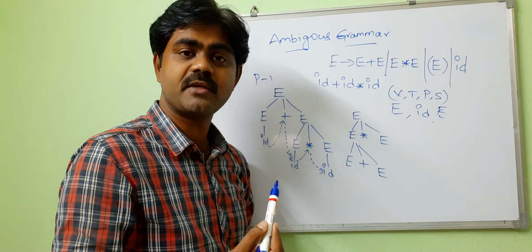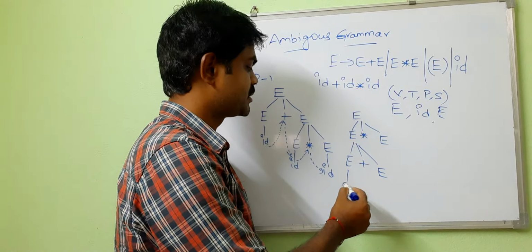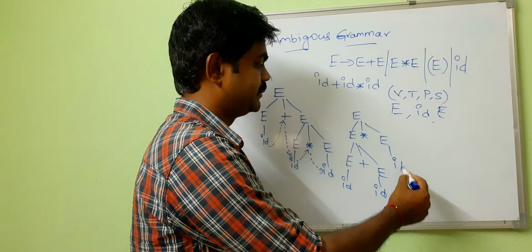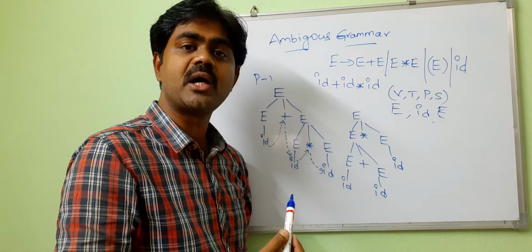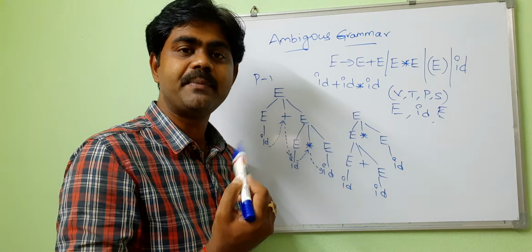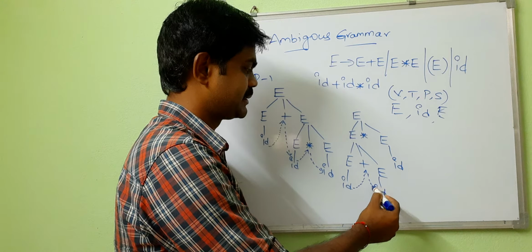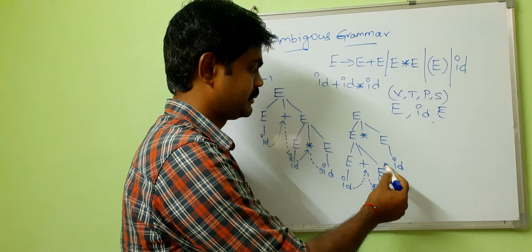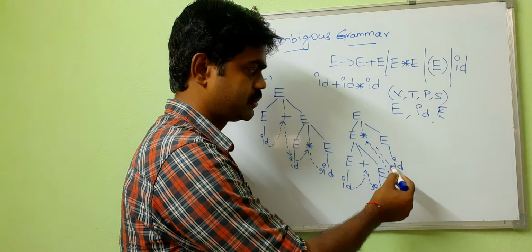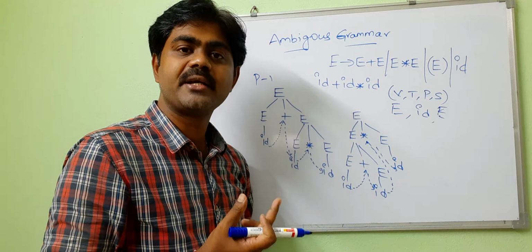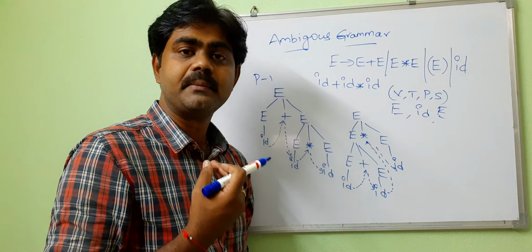So substitute in the place of capital E: ID, ID, ID. Now check whether we got our string. ID plus ID into ID. That means for this grammar I got more than one parse tree.